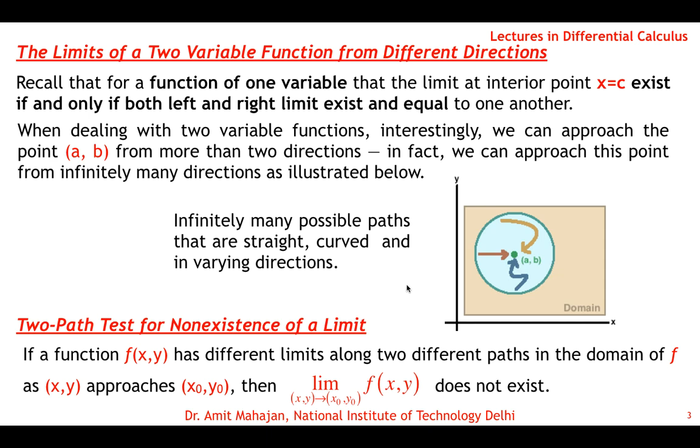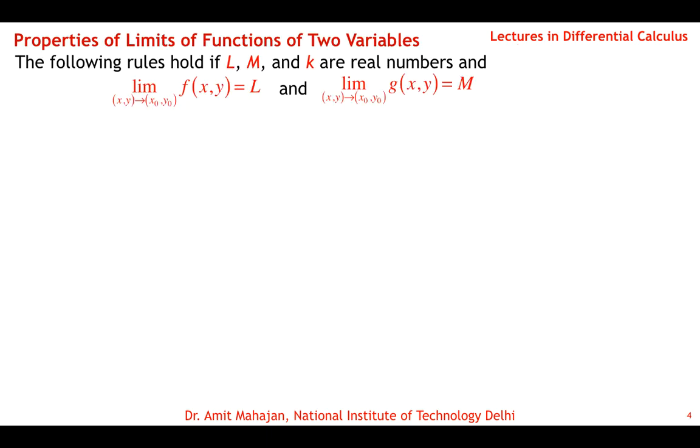Okay, so before we take a definition, I just add one result based on the algebraic properties of the limit of a function of two variables. The following rules hold if L, M and K are real numbers, and if we know the limit of function f is L as xy approaches x naught y naught, and the limit of function g is M as xy approaches x naught y naught.